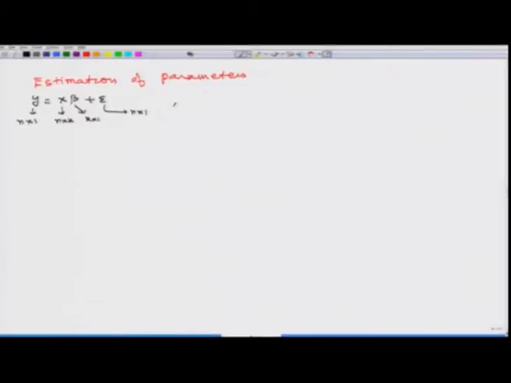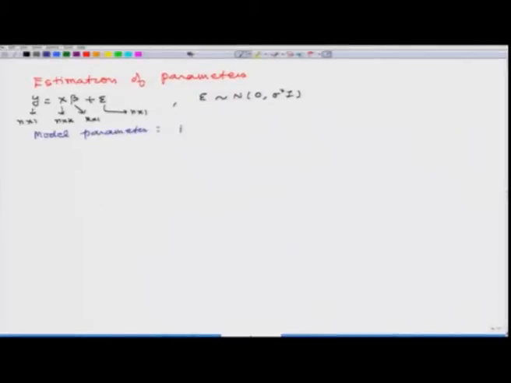And we assume that epsilon follows a normal distribution with mean vector 0 and covariance matrix sigma square I, right.